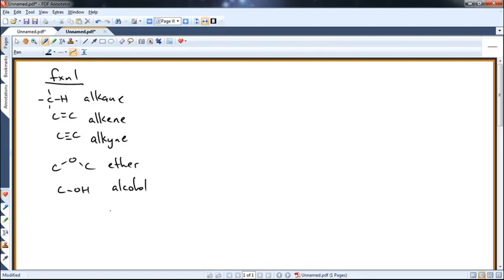Then you have the doubly bonded systems. So you have the ketone, where the carbon that's part of the double bond to oxygen has carbons on both sides of it, K-E-T-O-N-E. Or if one of these carbons is turned into a hydrogen, it becomes an aldehyde. It smells good. Aldehydes smell good in general.